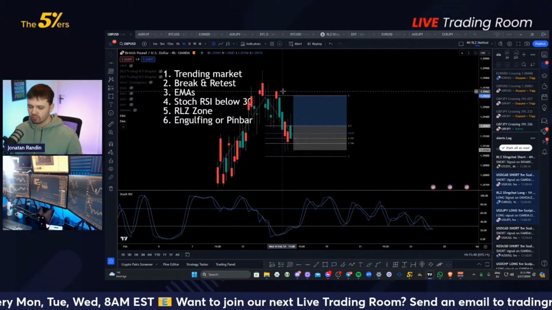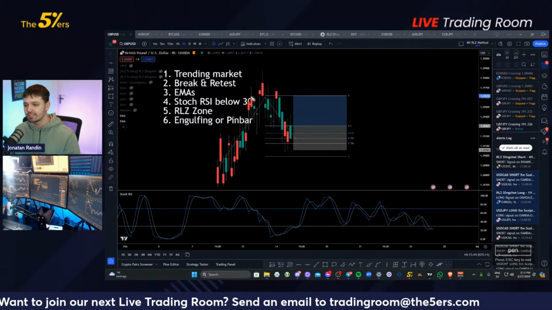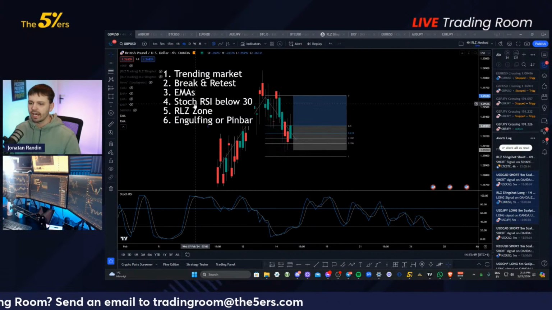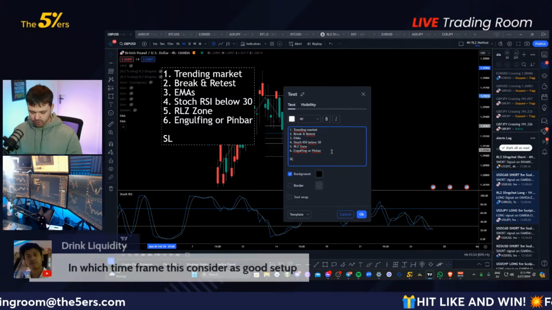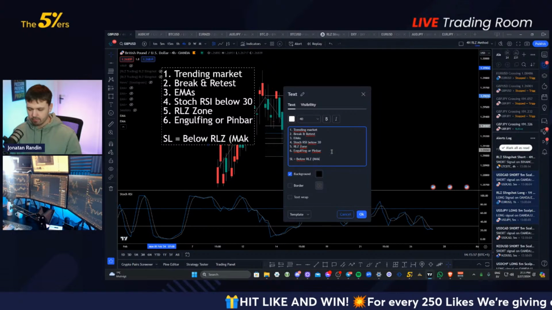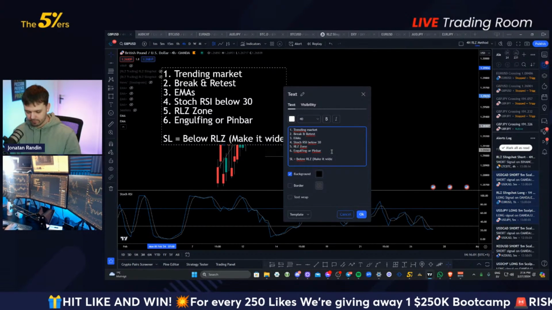The TP is always going to be at the last local highs. And why? Well, because this is the first trouble area, or FTA. So I can add this to the list. Do stop loss below reload zone and make it wide.